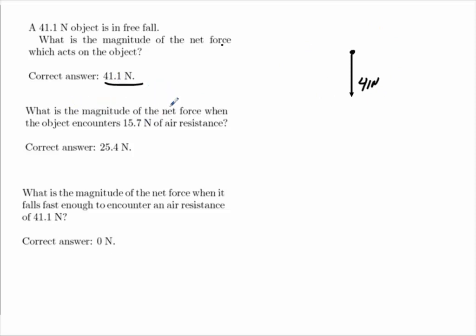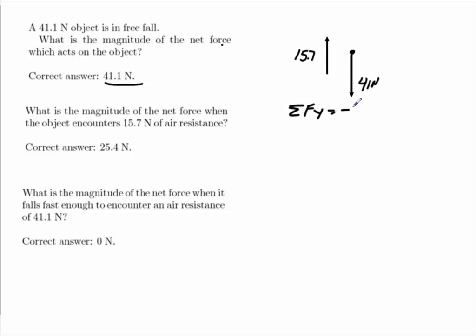Second one, what's the magnitude of the net force when the object encounters a resistance? 15.7 Newton air resistance. Well, if it's falling, air resistance is going to go back like this. This would be 15.7. In this case, you sum the forces in the y direction.